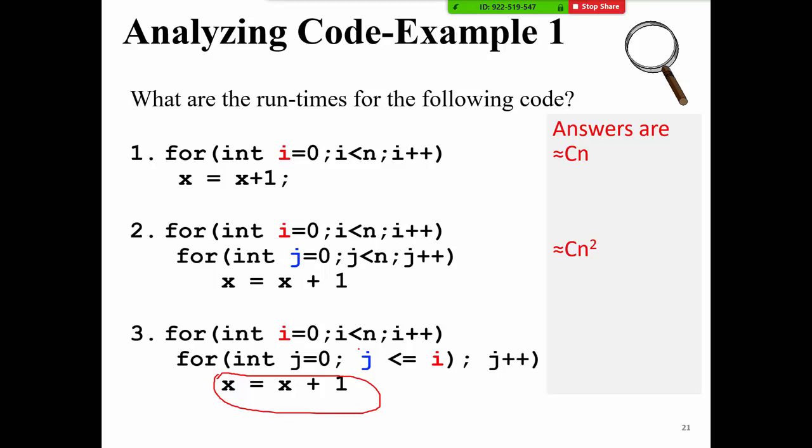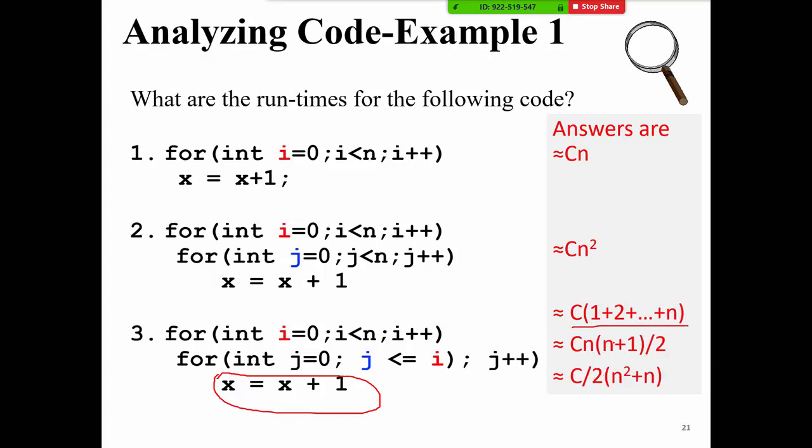Now, for the second iteration of the outer loop, i is equal to 1, and j will be executed 2 times. For i equal to 3, the inner loop will be executed 3 times. So this will be c times 1 plus 2 up to n. And this is a sequence of numbers.